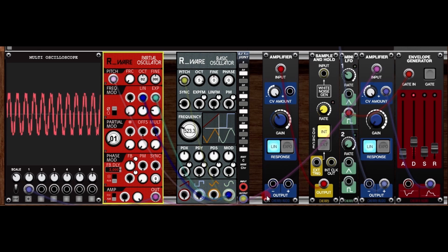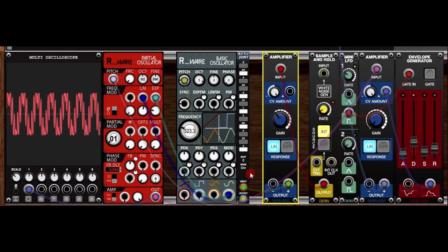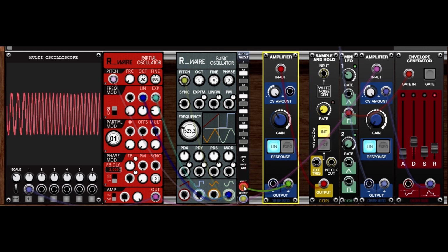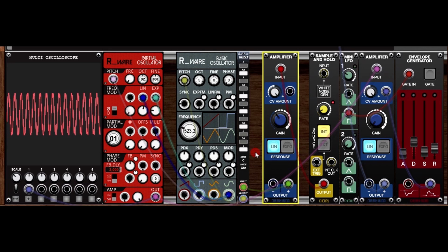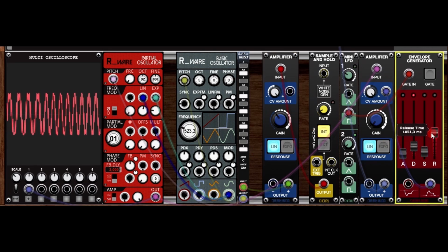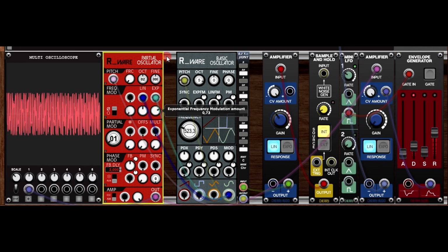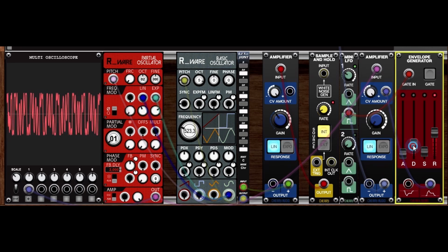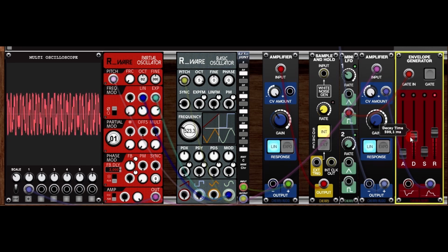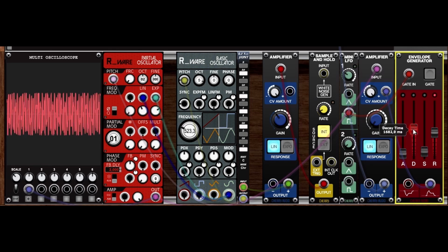And let me add the pitch modulation again. The famous bell sounds are entering the stage.